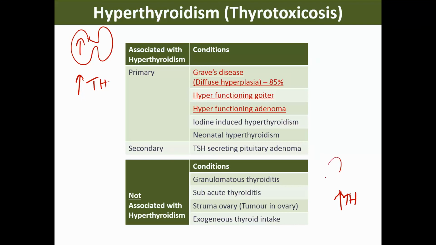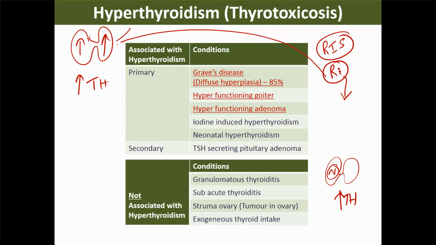Here the thyroid gland is functioning normally. So what we do is we give a radioisotope, we do a radioisotope scan. Here we give radioactive iodine to the patient, and if the patient has a hyperfunctioning thyroid gland, it will all get absorbed, more iodine enters, more iodine enters, more iodine enters.